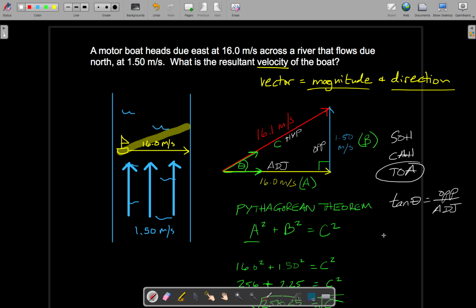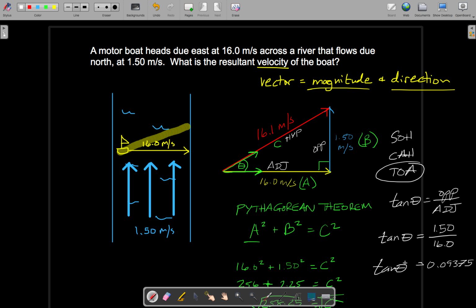Let's go ahead and plug in our values. So tangent of theta equals opposite, which is 1.50, over adjacent, which is 16.0. When we divide those two, our tangent theta should be 0.09375.